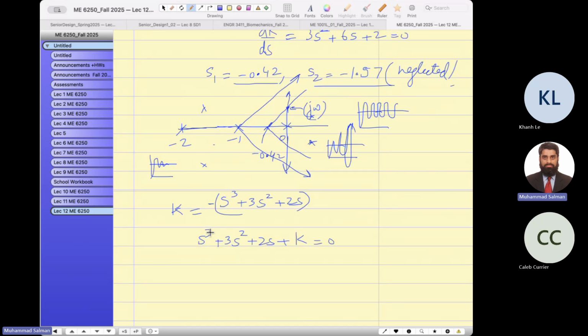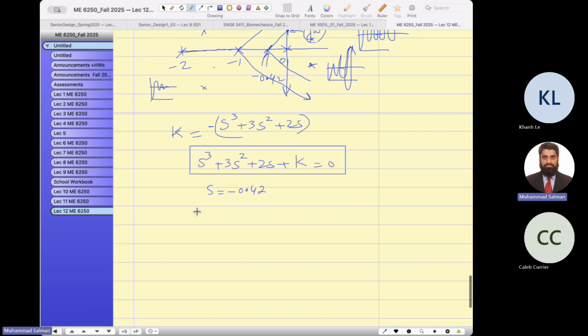If you say this is the equation, and you want to find what is the gain value over here, you will tell me, professor, plug in s equals negative 0.42, plus k.